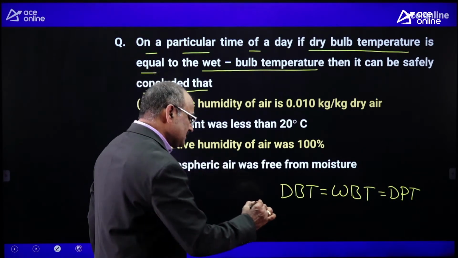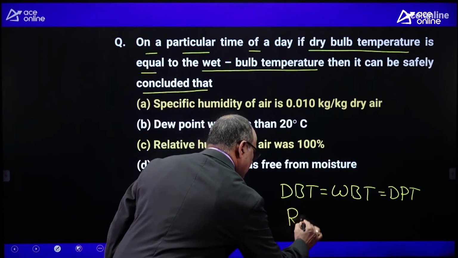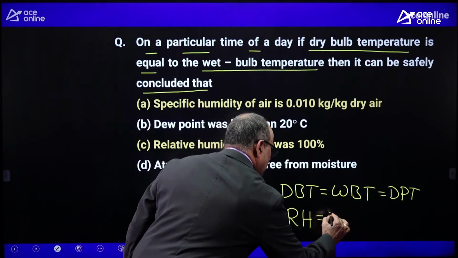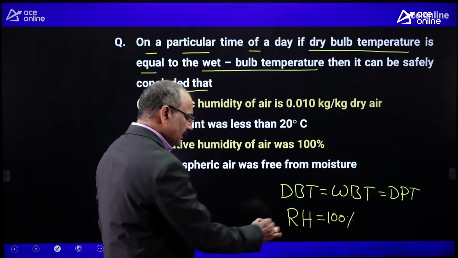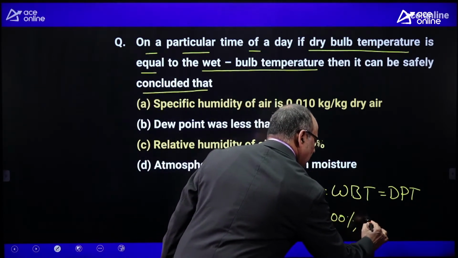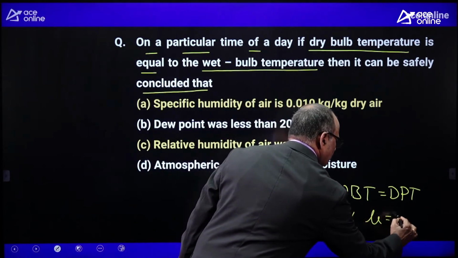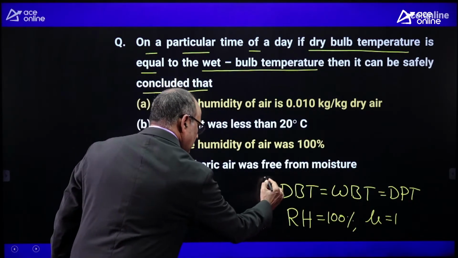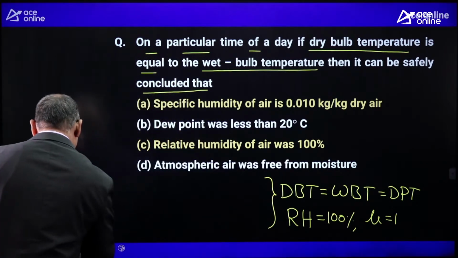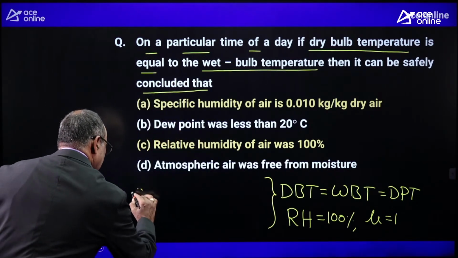Okay? For saturated air, remember the relative humidity equal to 100%. Relative humidity is 100% and degree of saturation mu equal to 1. These are the conditions for saturated air. Let me write it clearly.